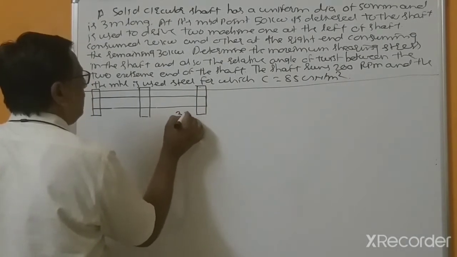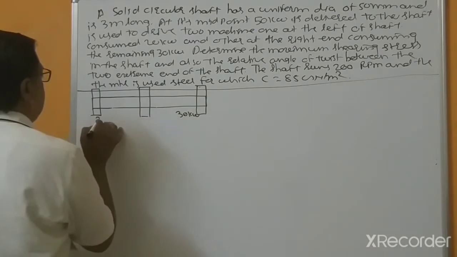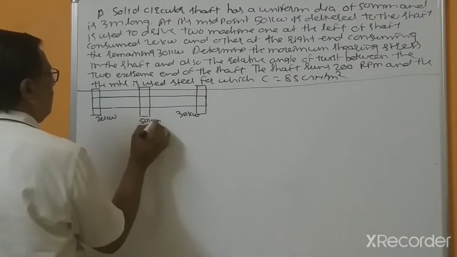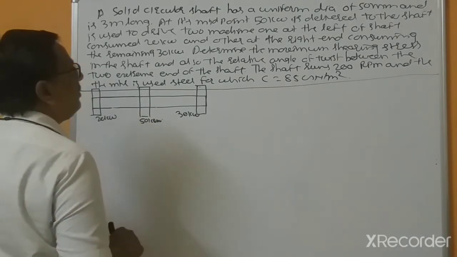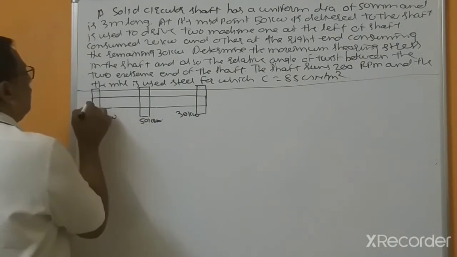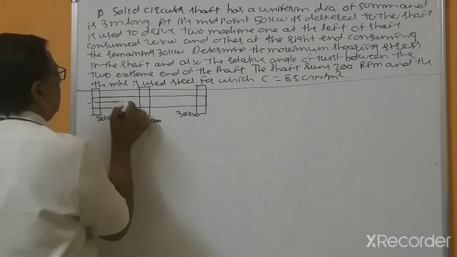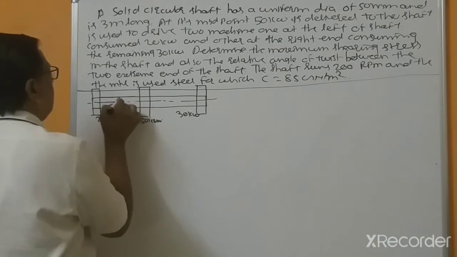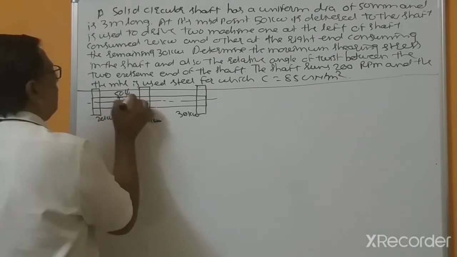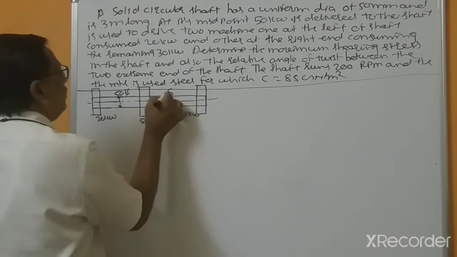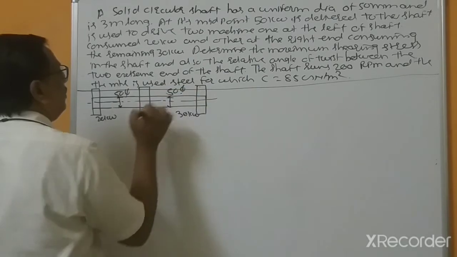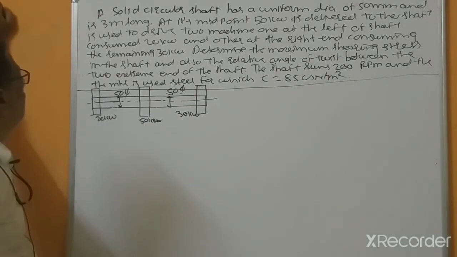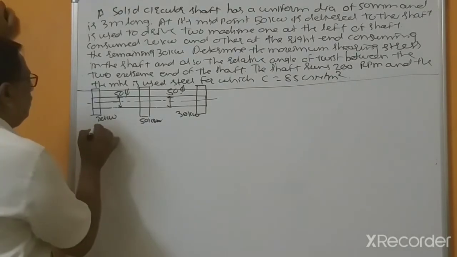So this is 30 kilowatt, and this is 20 kilowatt. This is 50 kilowatt. Shaft diameter is 50 mm, and length equals 3 meters.